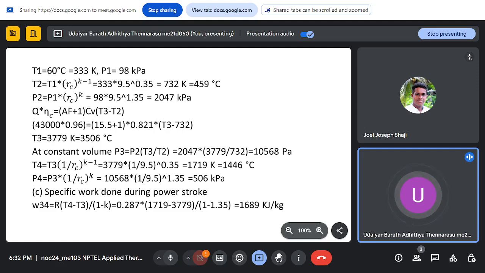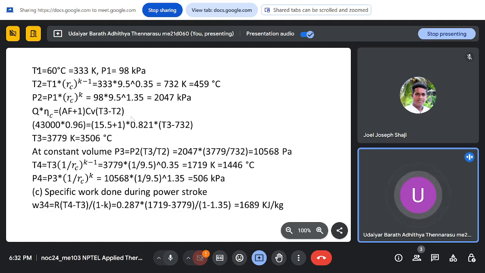Now we are doing heat addition. Heat addition is happening at constant volume, so whatever heat added equals your change in internal energy.